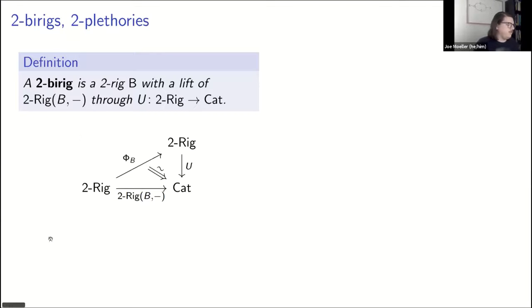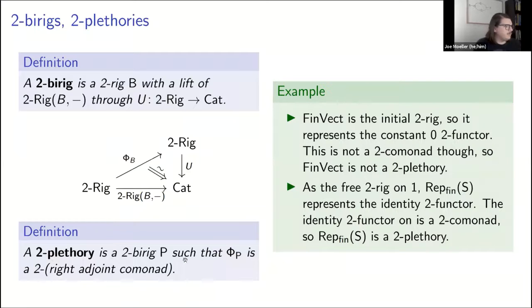You can extract cooperations from this, but starting from that perspective is a little tricky. So we're just going to go with this. And a two-plethory is going to be a two-birig where its lift is not just a right adjoint, but also a comonad. I just put a 2 in front of all of that, saying it's the two-dimensional version of those things.